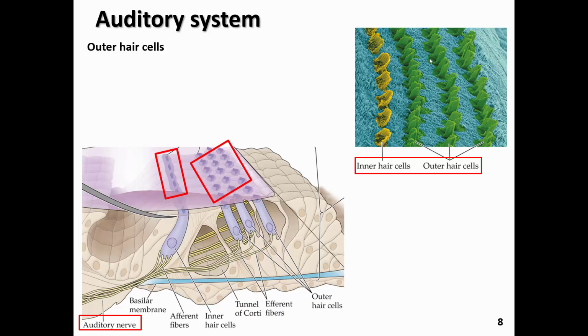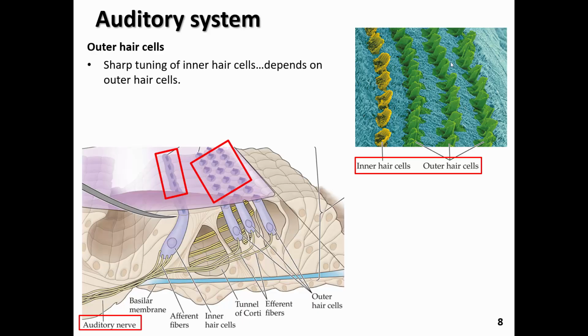Once again, the outer hair cells far outnumber the inner hair cells, yet the inner hair cells are largely responsible for the transmission of pressure waves into bioelectrical signals, and you can see them embedded here in the tectorial membrane.